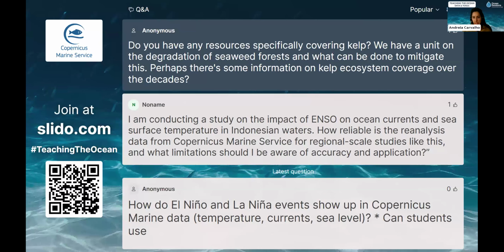There are new products being added related to marine ecosystems, but they include mainly zooplankton and lower and higher trophic levels, certain species of fish, but as far as I know, I don't think there's anything related to kelp. We do distribute all the data and information related to physical components of the ocean that can probably help in your study.